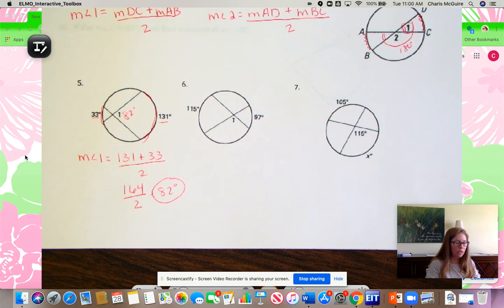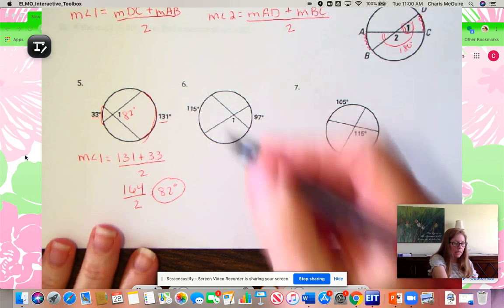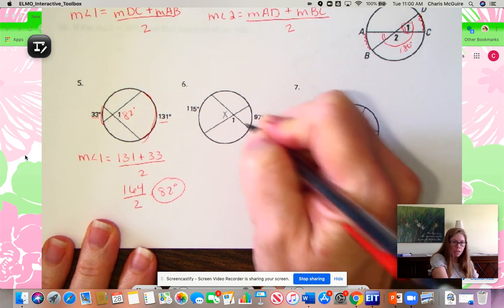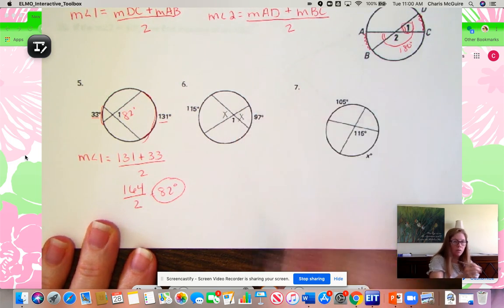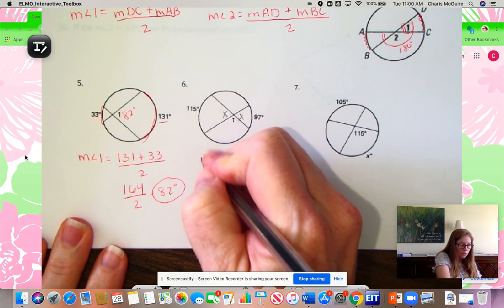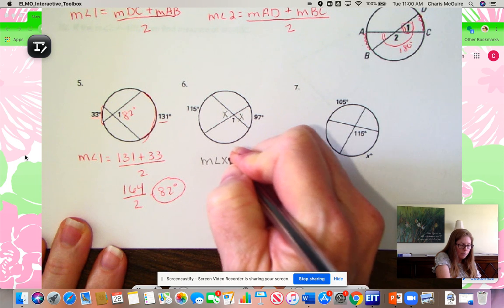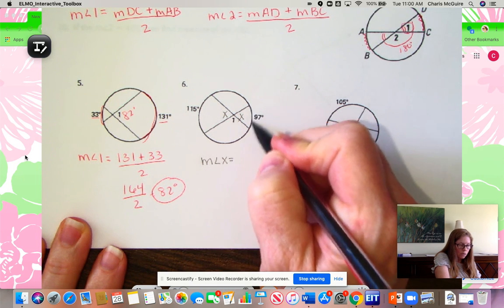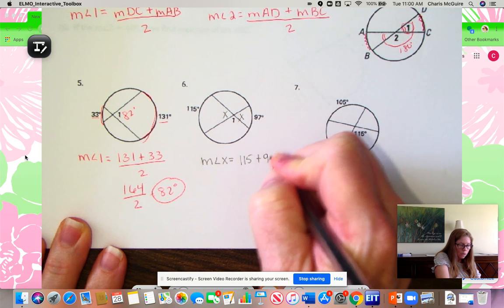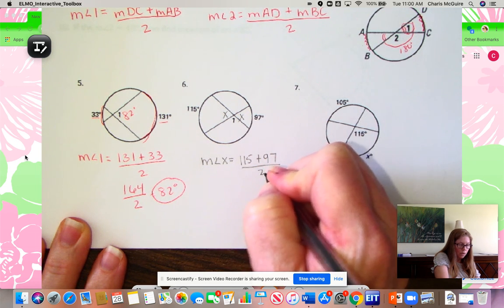What I'm going to do is go ahead and find its supplement, and I'm just going to call this X right here. It doesn't matter which side, right? Because both of these are vertical angles, so both the same. So if I want to do the measure of angle X, I'm going to add these intercepted arcs, 115 plus 97, and divide by 2.